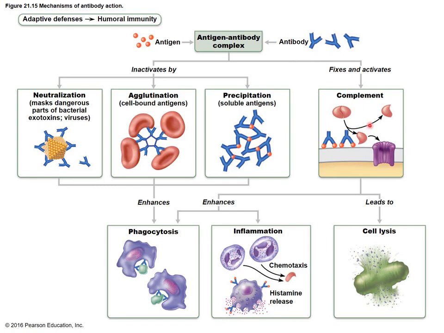Now, it can also what we call fix and activate the complement system. So here the antibody has bound to the antigen on the surface of this particular organism, and now that activates the whole complement cascade process that we've talked about previously, which results in the complement proteins embedding in the wall of the foreign cell.